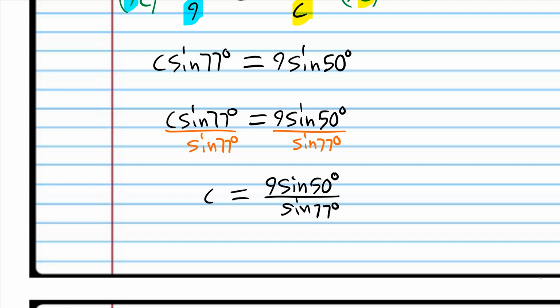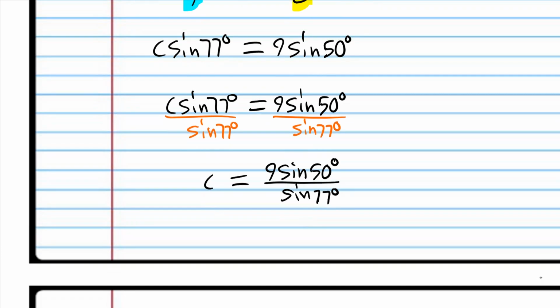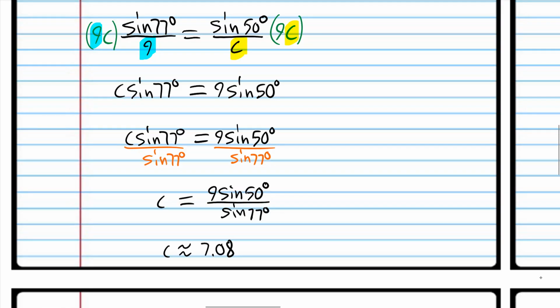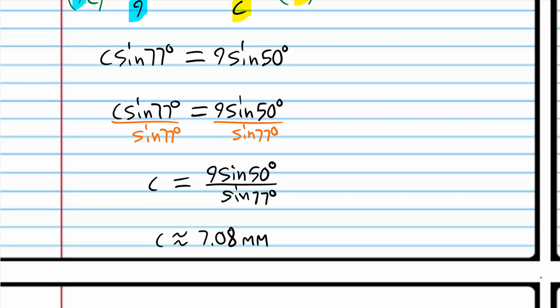And again, your calculator should be in degrees, not in radians. So c is approximately equal to 7.08. And the units are millimeters. So 7.08 millimeters.